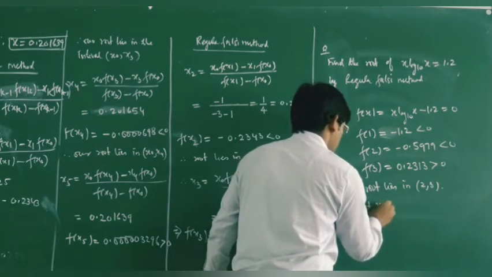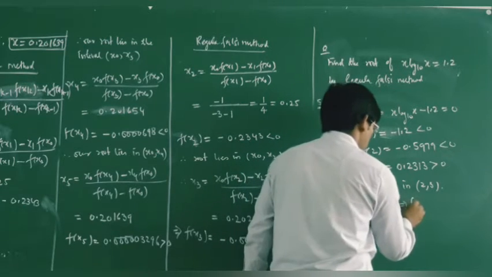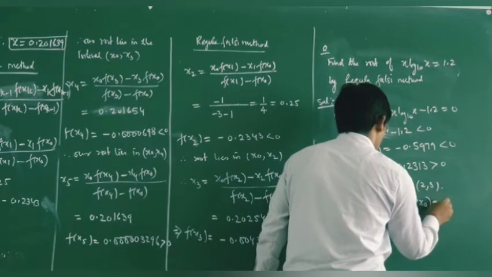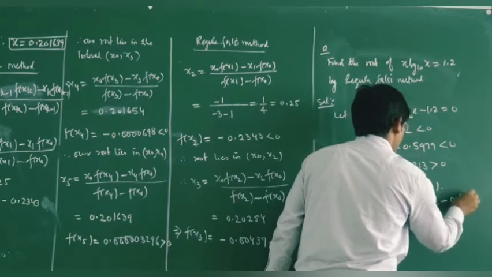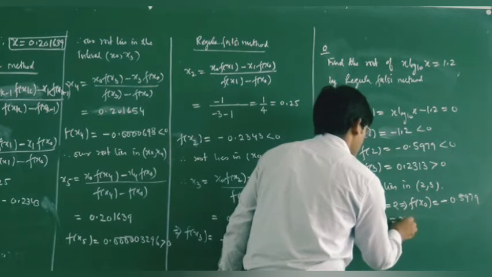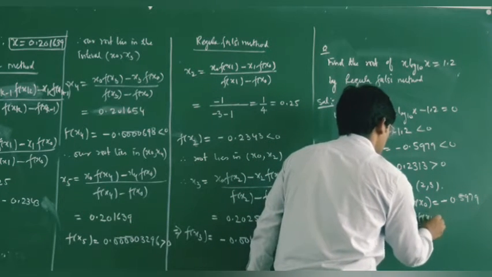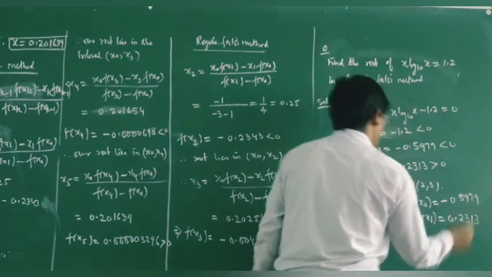So let x0 equal to 2, then the value of the function at this x0 is equal to minus 0.5979, and if you assume x1 as 3, then the value of the function at this x1 is equal to 0.2313.